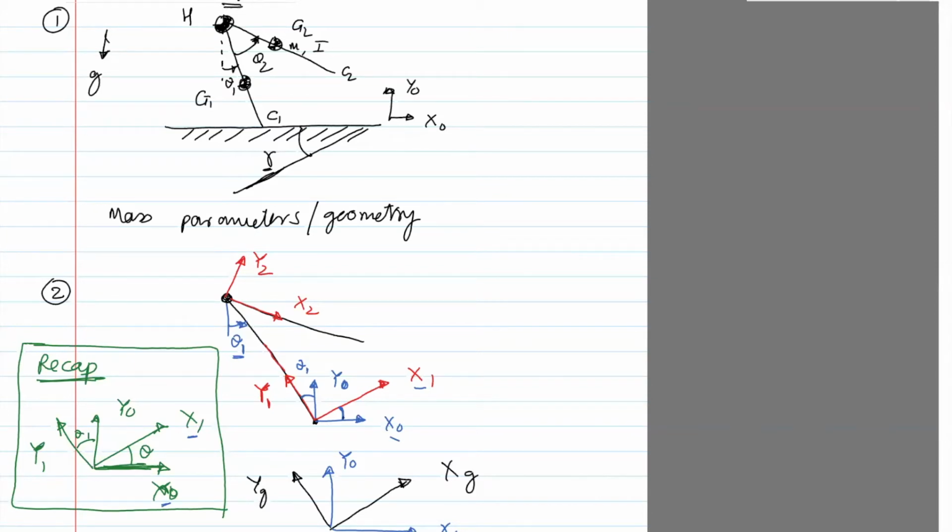It's always okay. When we talked about pendulum, remember, we always express the frame x along the link length, and y to be normal. So x1 y1. And here I sort of violated that. I actually drew y1 to be along the link length. So let me not do that, just to make it consistent.